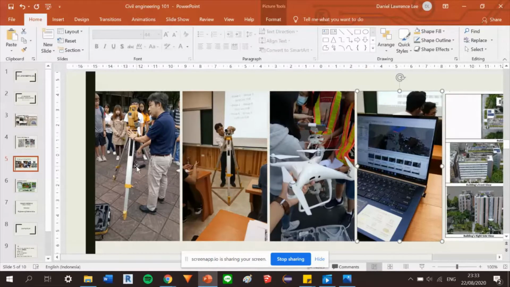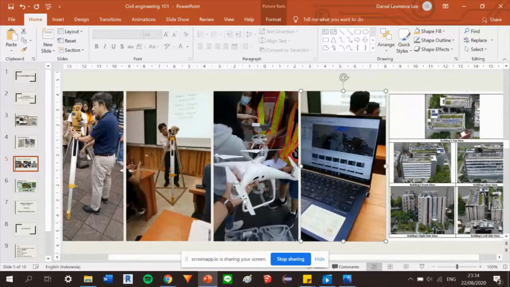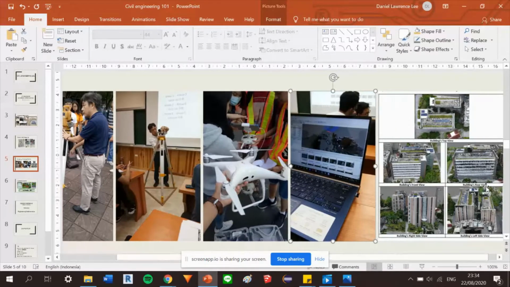Basically these equipments will be used to measure buildings, so you can know the exact dimensions of buildings without needing to measure them in the traditional way. It's the modern way to measure buildings. Here you take pictures using the drones and you render them in an application, and here is the final form.